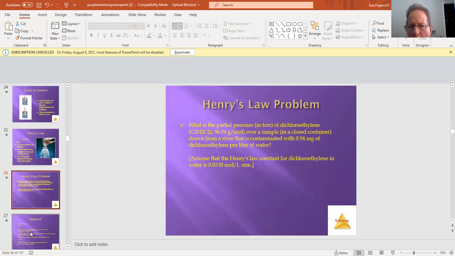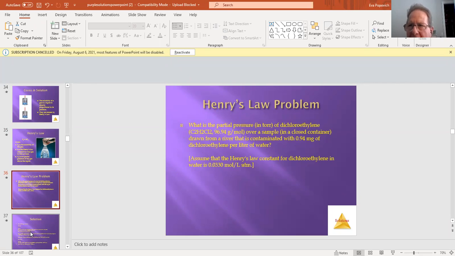So if I want to know, and this is basically, guys, how people analyze pollutants in water: What is the partial pressure of dichloroethylene? There's the molecular weight over a sample in a river that contains 0.94 milligrams of dichloroethylene per liter of water.